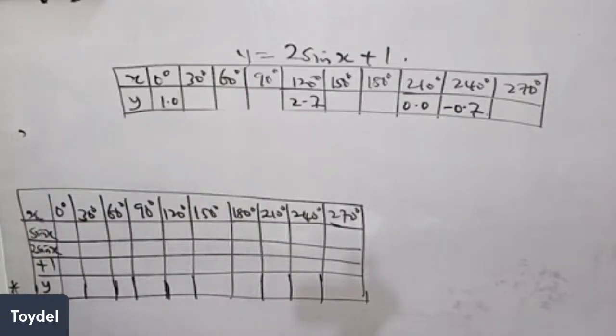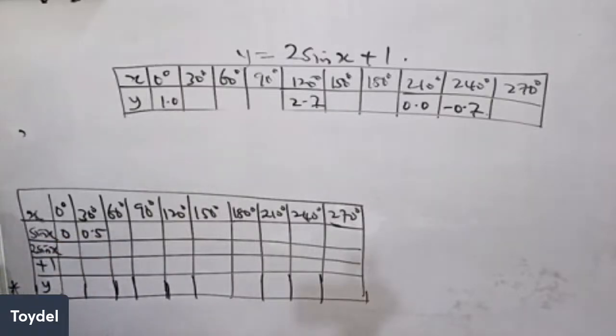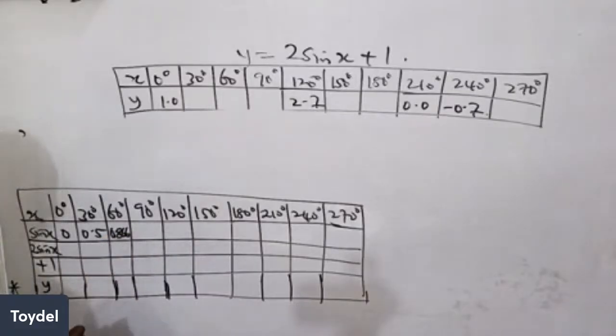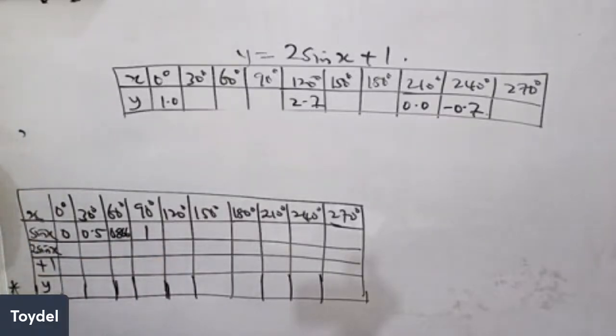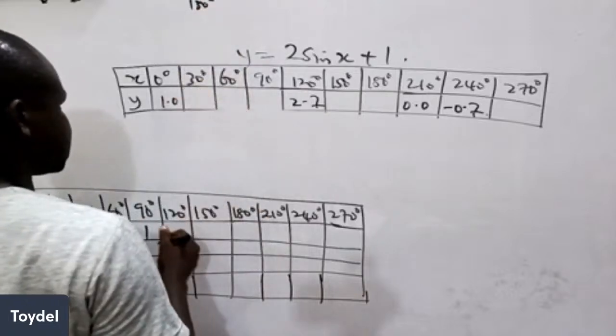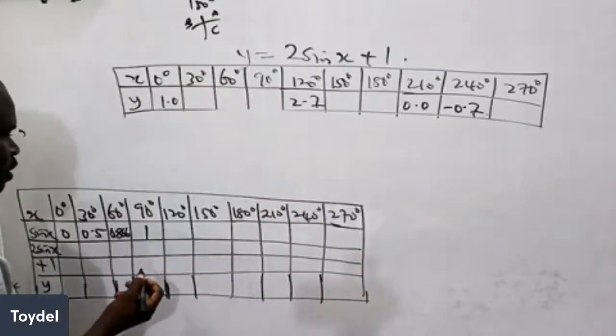What is sin 0? Sin 0 is 0. Sin 30 is 0.5. Sin 60 is 0.866. Sin 90 is 1. In the second quadrant, the angle is 180 minus theta. So sin is still positive in the second quadrant.